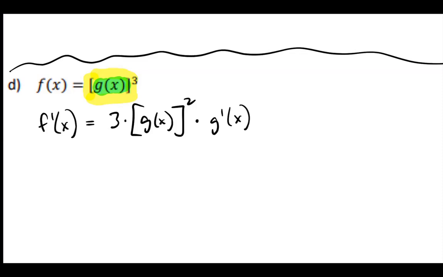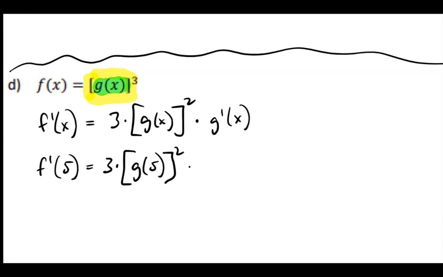Okay. So now we have to find f prime of 5. So we have 3 times g of 5 squared times g prime of 5. I just substituted 5 for x. Everywhere I saw an x, I put in a 5. So I got to go to the table and find g of 5 and g prime of 5.